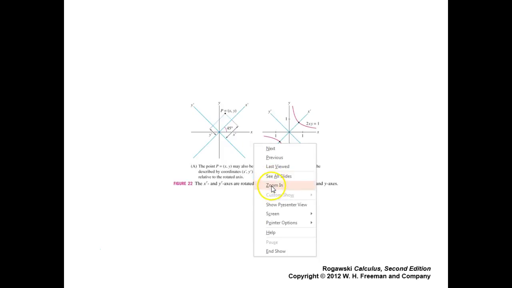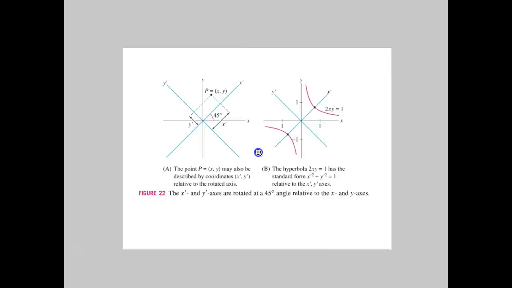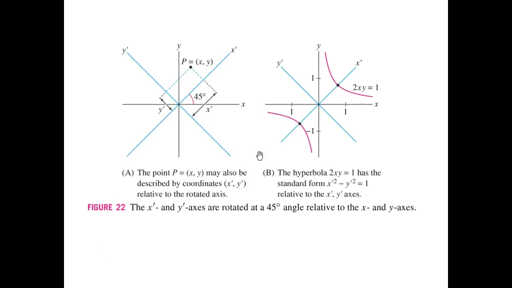Again, this is if you have a 45. This indicates you've got rotations. If you have the cross term from X times Y, that means you've got to have a rotation.